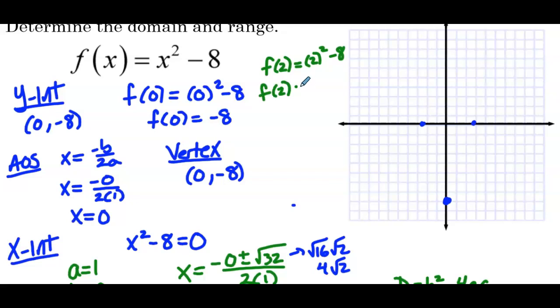So f of 2 is 4 minus 8, which is negative 4. So (2, -4) is a point on our curve. 1, 2, 3, 4. Now by symmetry, the axis of symmetry is x equals 0. So that point is 2 to the right, so we'll go 2 to the left. So the point (-2, -4) is also on our curve. So we have 5 points.